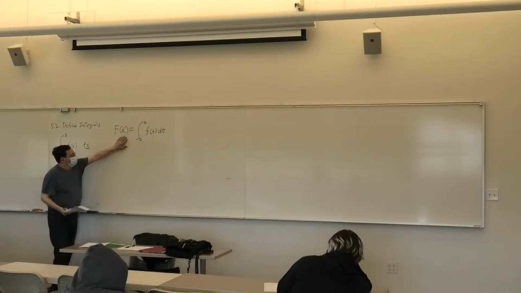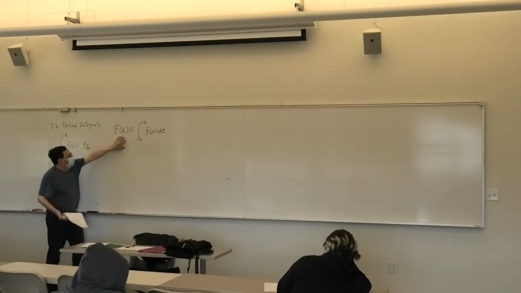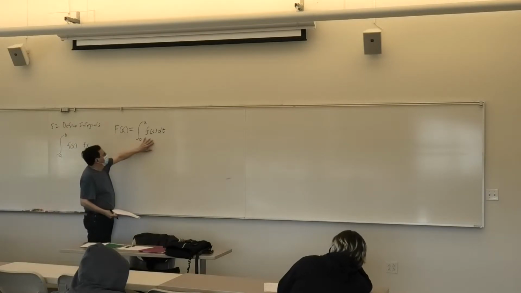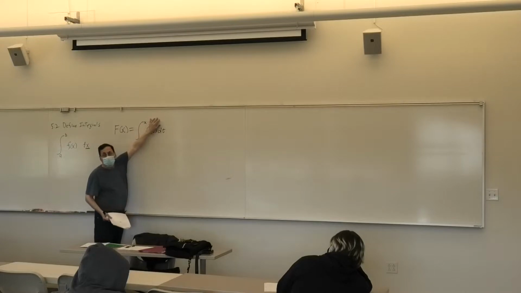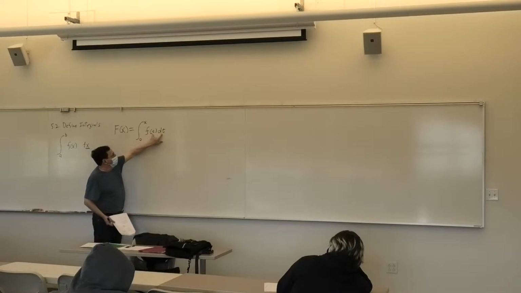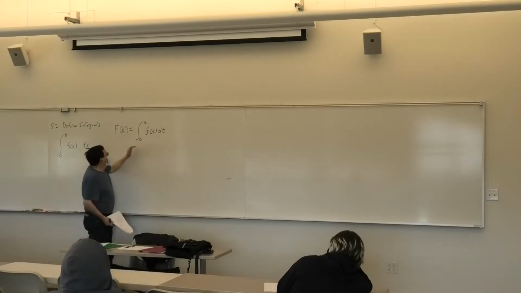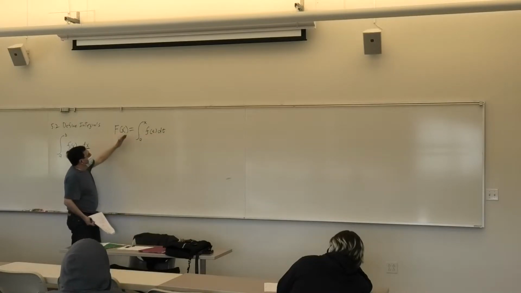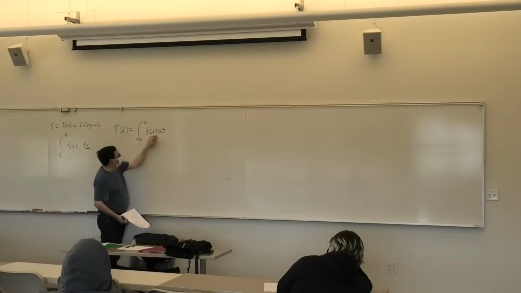So what are we doing here? We have some integral from a to some unknown point, x. And we're integrating from a to x. Again, I'm using t here, it's just a dummy variable. And I'm stating that this represents the area from a to x under this function.